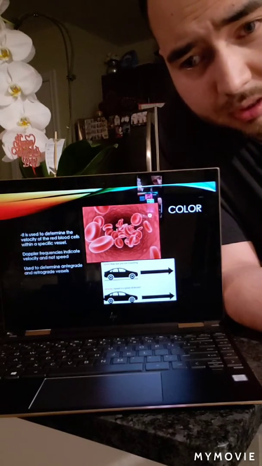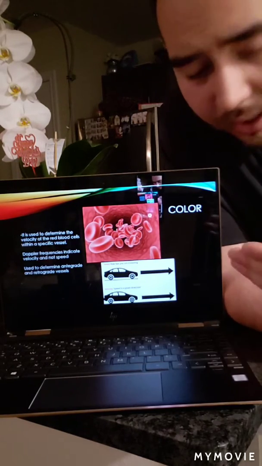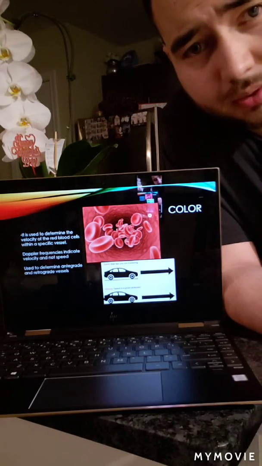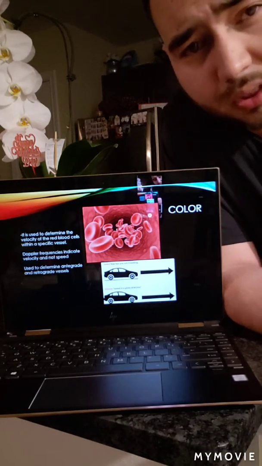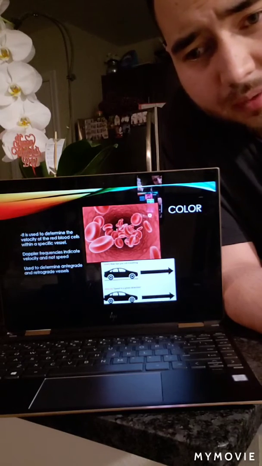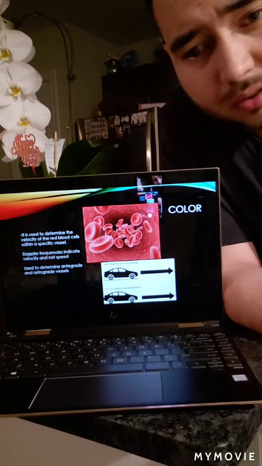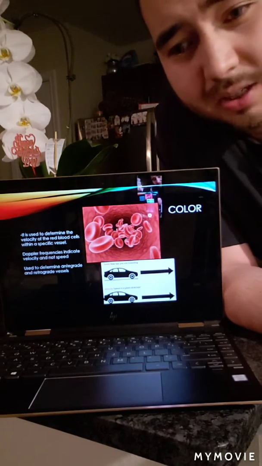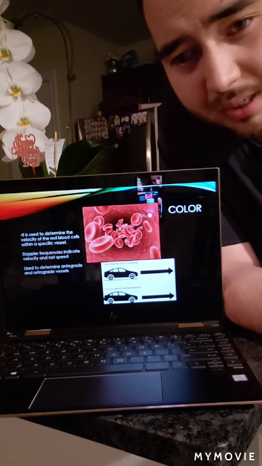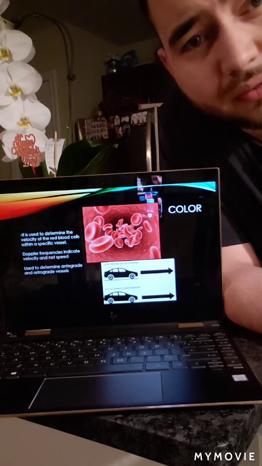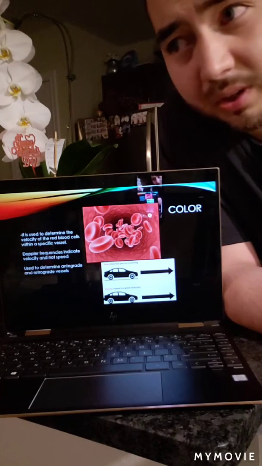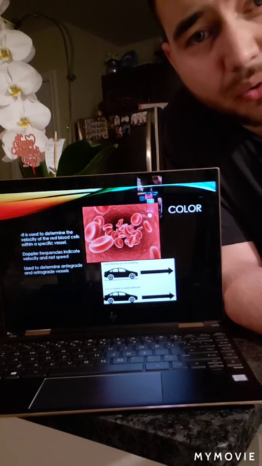So Doppler color. Color has a lot to do with the velocity at which the blood cells are traveling within the vessel. It is important to know that Doppler color determines velocity, not speed. Speed is as simple as it can be, a car going 50 miles an hour, whereas velocity means the car is going 50 miles an hour heading south.